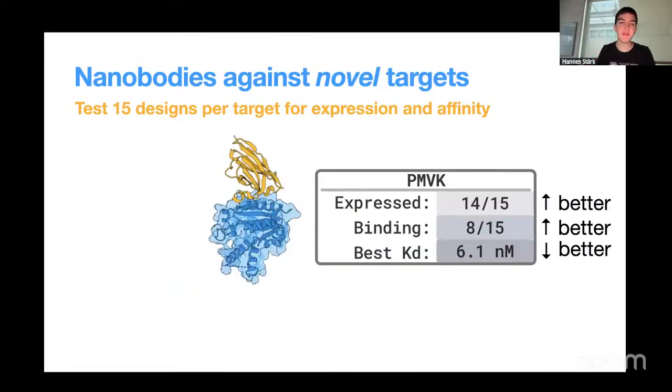Then what we do is generate these 15 designs with our model, and then we send them to the wet lab, which tests: do the proteins that we produce even express, do they exist? And then they test, do they bind to each other? And this binding is measured in this KD number that we want to be as low as possible.